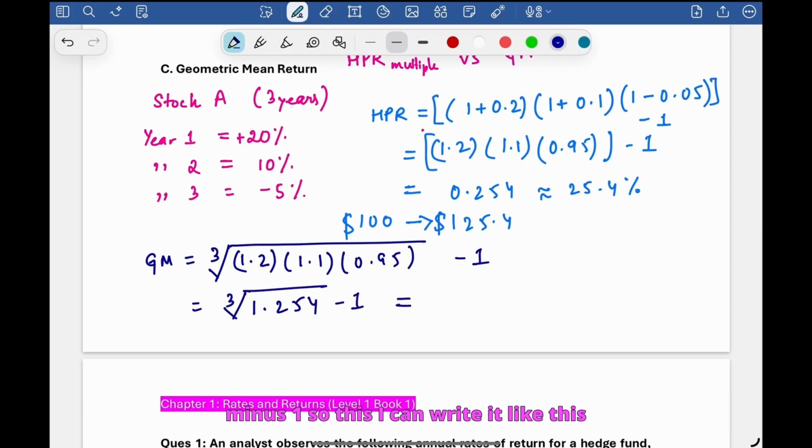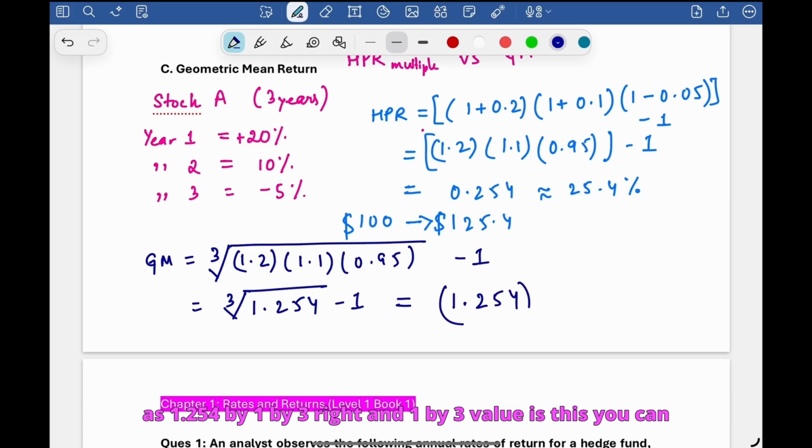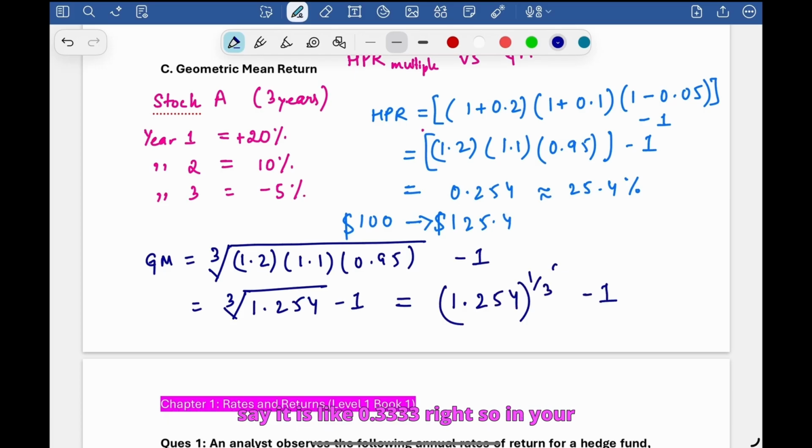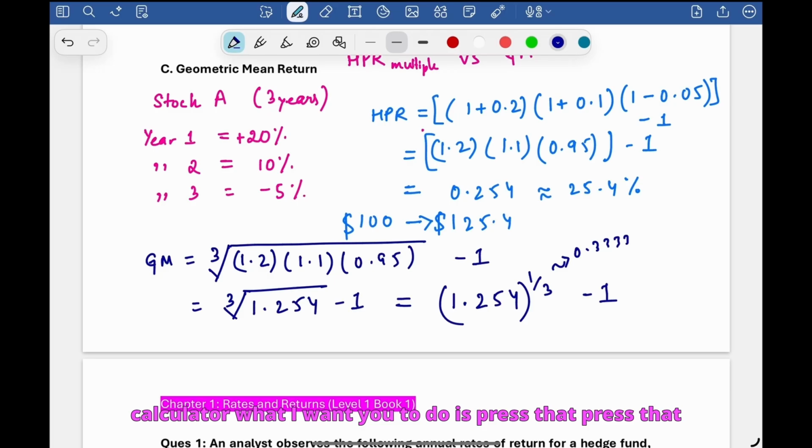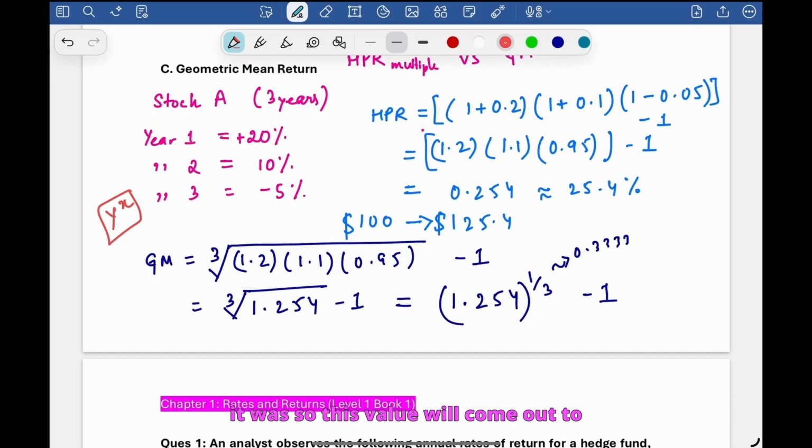And 1 by 3 is like 0.3333. So in your calculator, press the y to the power x button, then just type 0.333 and equals.